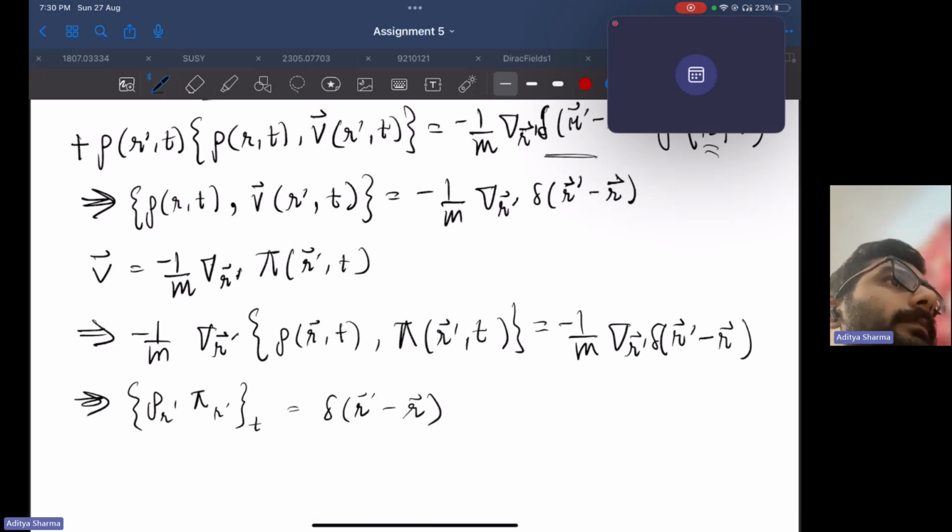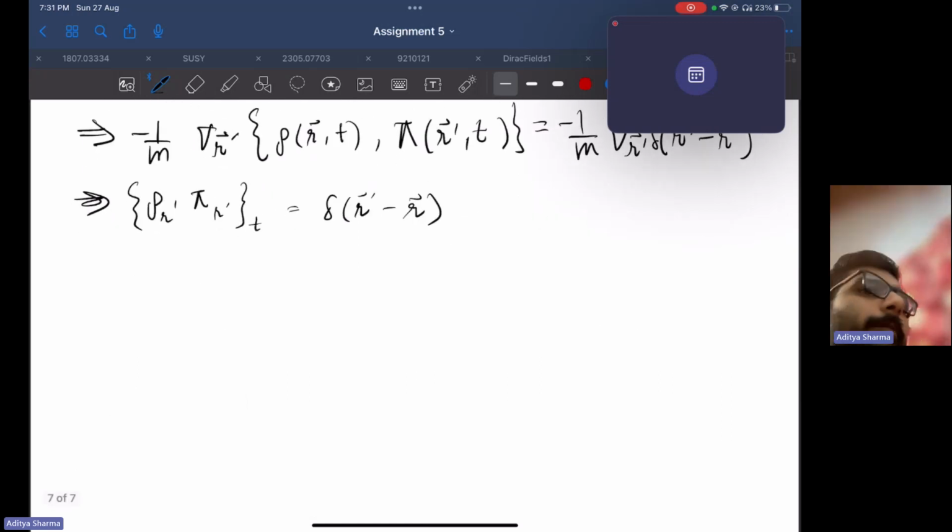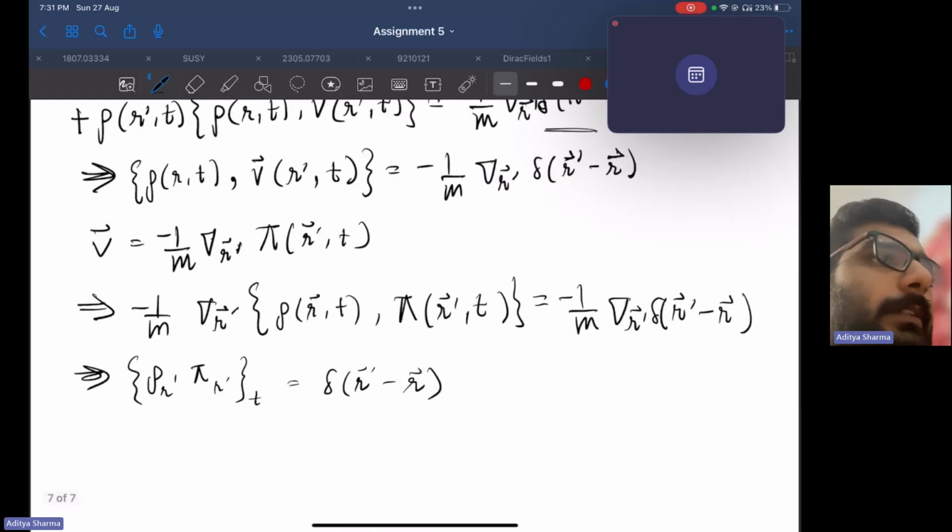So yeah, this is what it is. And let us check the other formula with this commutation relation itself.